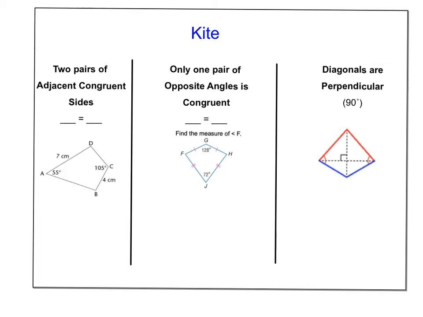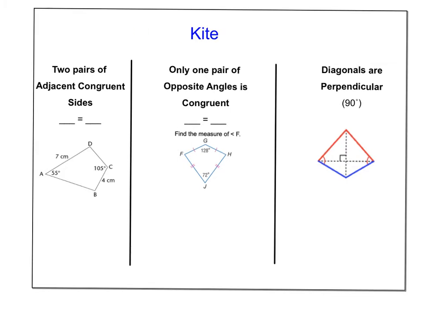So if we look at this first example, DC and CB are congruent. They're attached to each other, and they definitely look more similar lengthwise than DA and say DC. So the other set of sides, DA and BA, are congruent to each other.